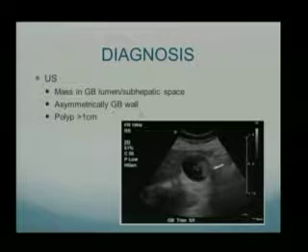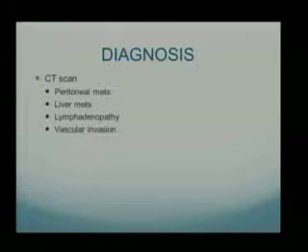There will be an asymmetric gallbladder wall, or polyps greater than 1 centimeter. Again, you suspect malignancy. This image is from the Sabiston textbook. The arrow indicates a break in the continuity of the gallbladder wall, which they're trying to show is invasion into the adjacent liver.